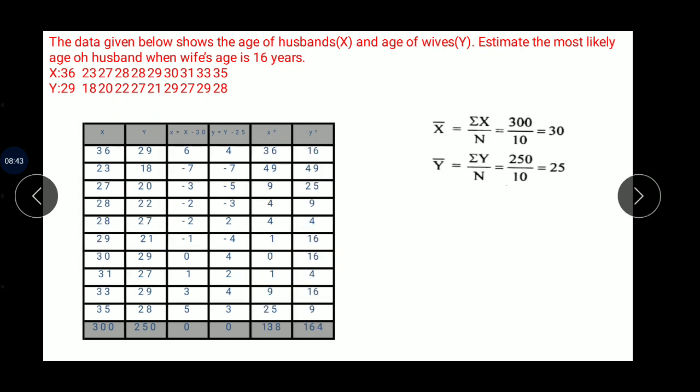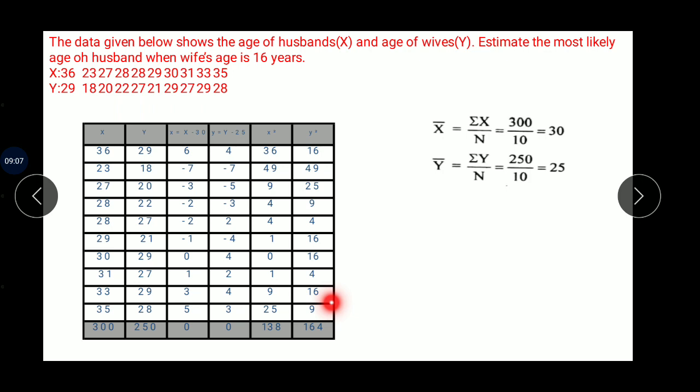Next we'll calculate small x square and small y square. Small x square: 6 into 6 is 36, minus 7 into minus 7 is 49, minus 3 into minus 3 is 9, and so on for all the terms, and we'll take the summation. Similarly, we'll calculate small y square. 4 into 4 is 16, minus 7 into minus 7 is 49, minus 5 into minus 5 is 25, and all the other terms.